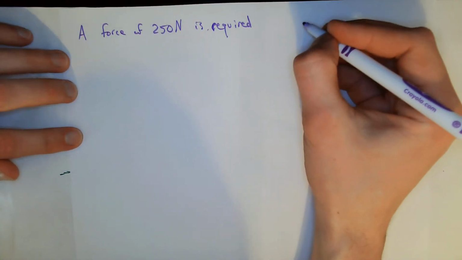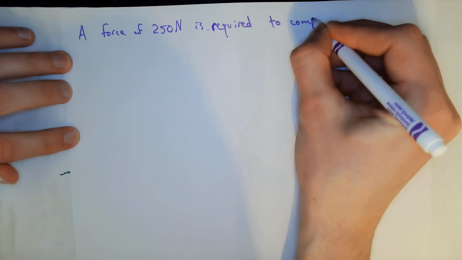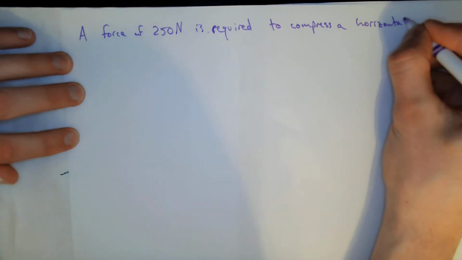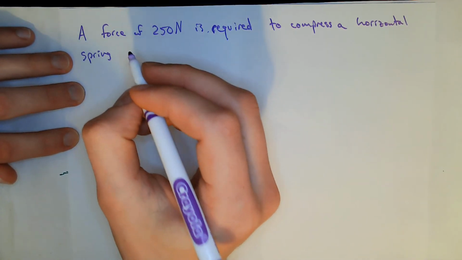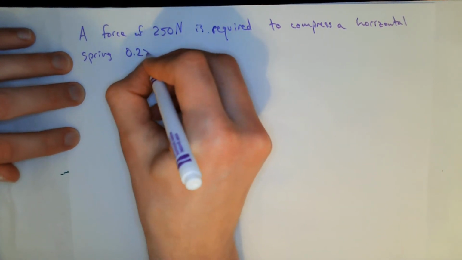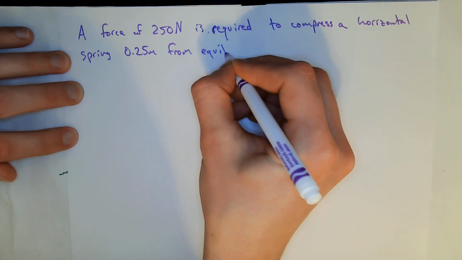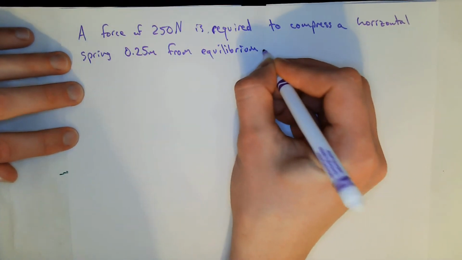A force of 250 newtons is required to compress a horizontal spring 0.25 meters from equilibrium. So equilibrium is just where the spring is at rest, not stretched or compressed.